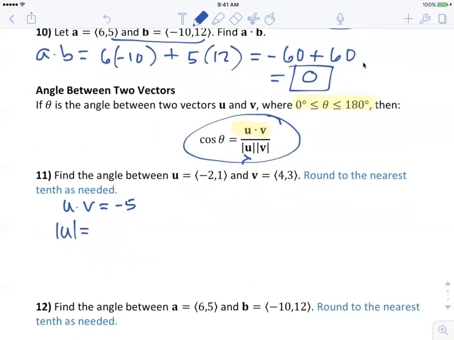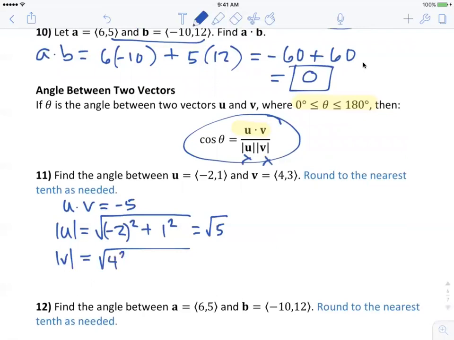So the magnitude of u, square root, right? -2 squared, going back to that magnitude formula from the first page, basically Pythagorean theorem, right? And that's going to be the square root of 4 plus 1, 5. Right? And then I need the magnitude of v, square root of 4 squared plus 3 squared. Right? That's 16 plus 9, 25, square root of 25, which actually just equals 5.